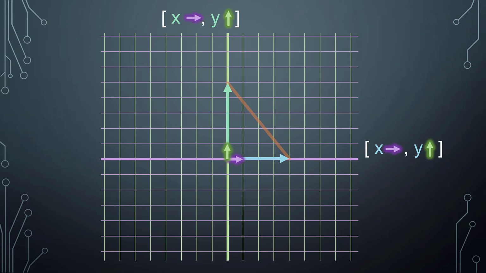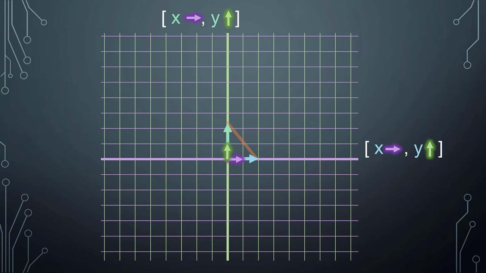So the numbers that we see in the coordinates of these blue and teal points that we saw, we actually treat them as scaling factors of these two orthonormal basis vectors, the purple and the green.